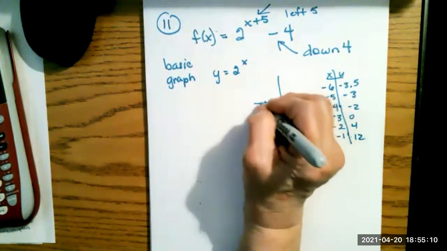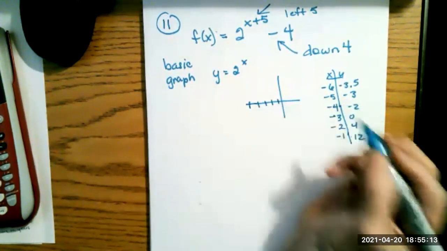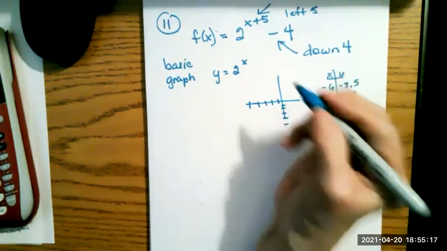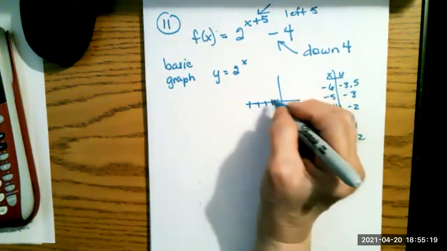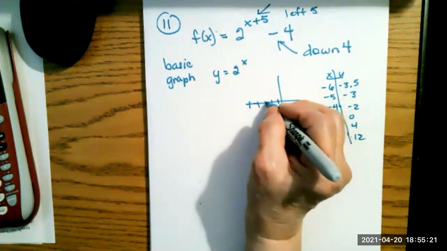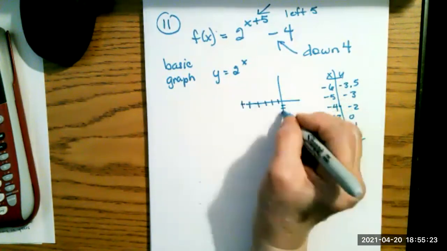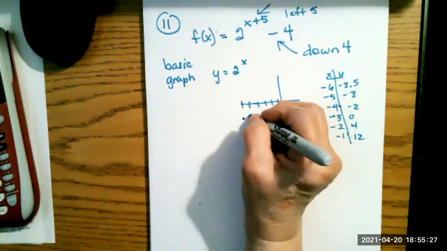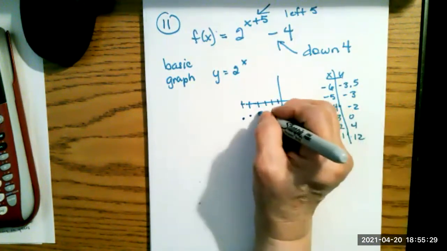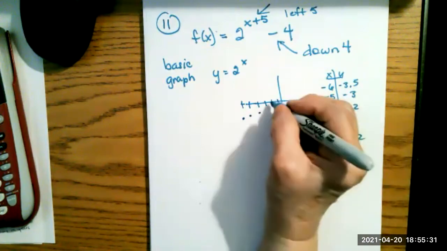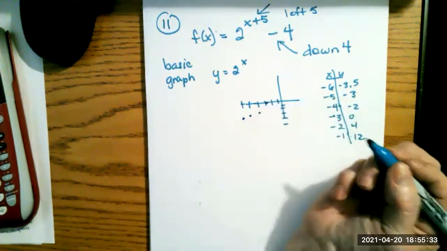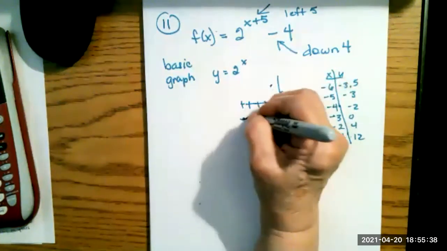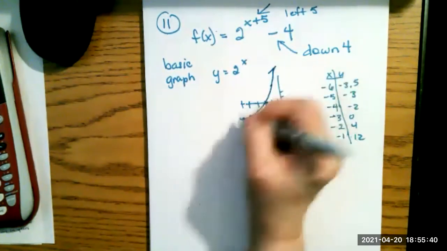At -3 it is 0, and then it starts going up really fast. So it looks like that.